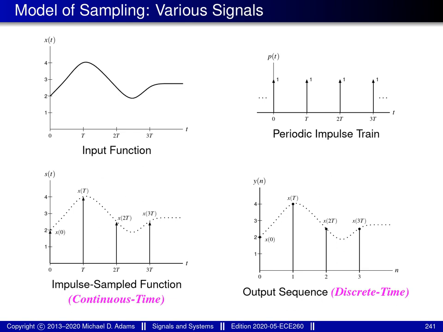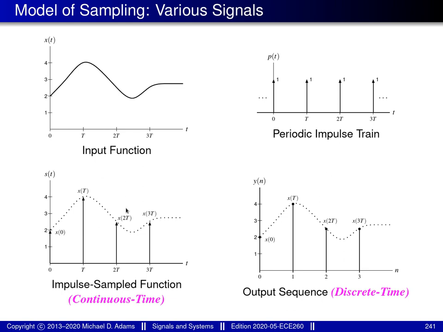This slide shows in graphical form the signals obtained at various points in the system that we're using to model the sampling process. The figure in the top left shows a graph of the input x to the sampling process. The figure in the top right shows the periodic impulse train p that is multiplied by x to produce the impulse sampled function s.